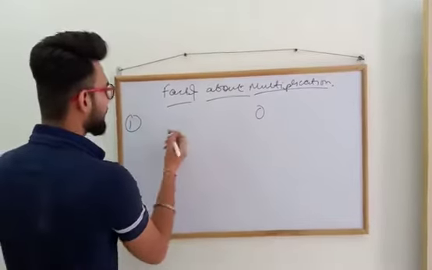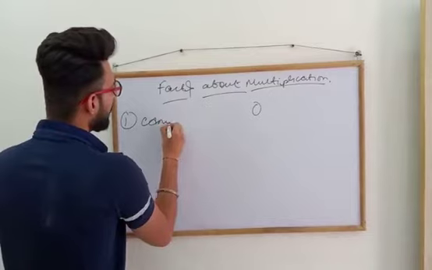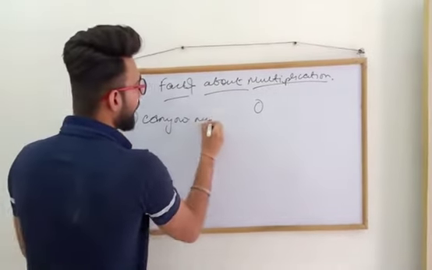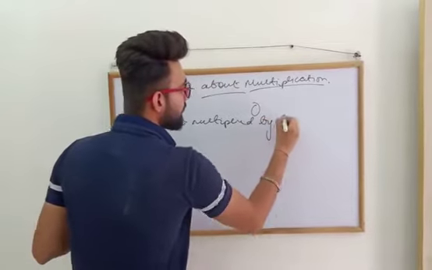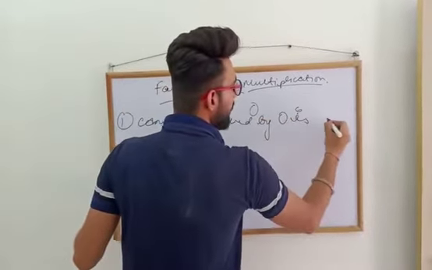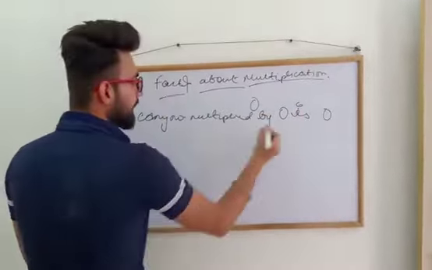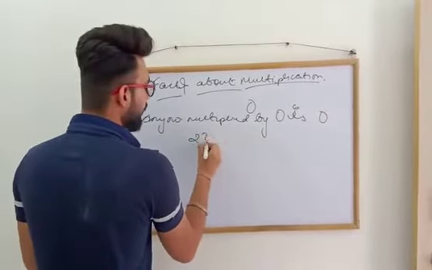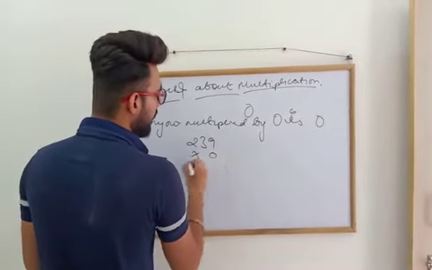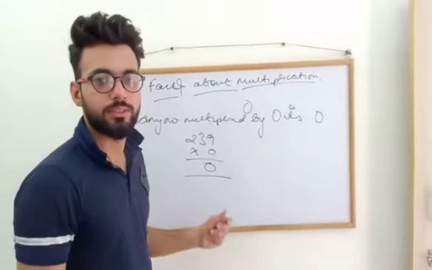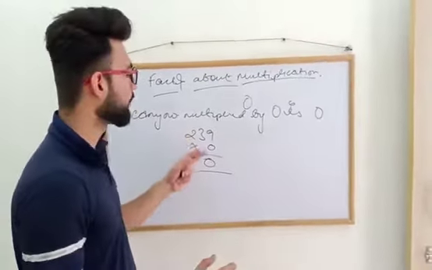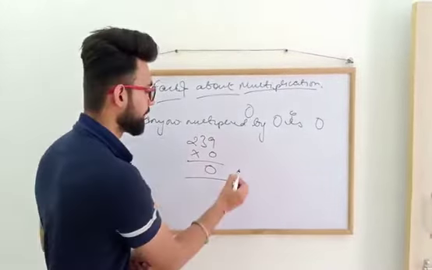See, first I'll write it. Any number multiplied by 0 is 0. Let's see, if you multiply 239 with 0, we got this answer as 0. No calculation, nothing. Just one fact that any number multiplied by 0 would be 0 itself.